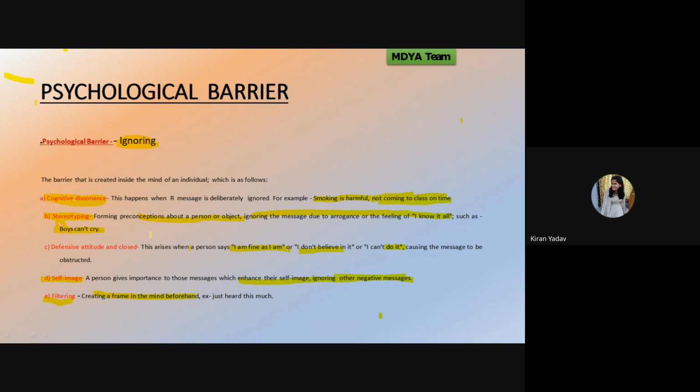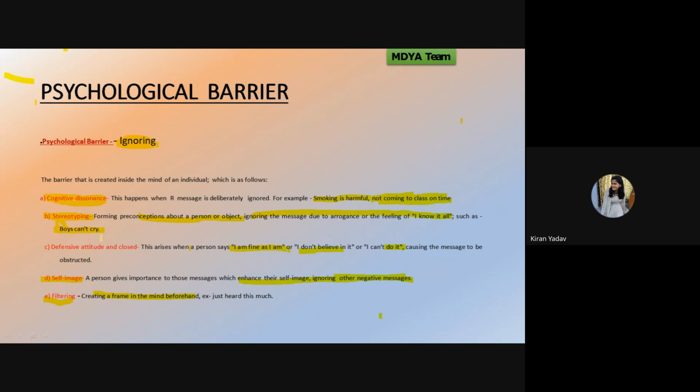You have your own preconception that girls are like this, they can only do this. But this is not the truth. Like boys can't cry, but boys can cry.